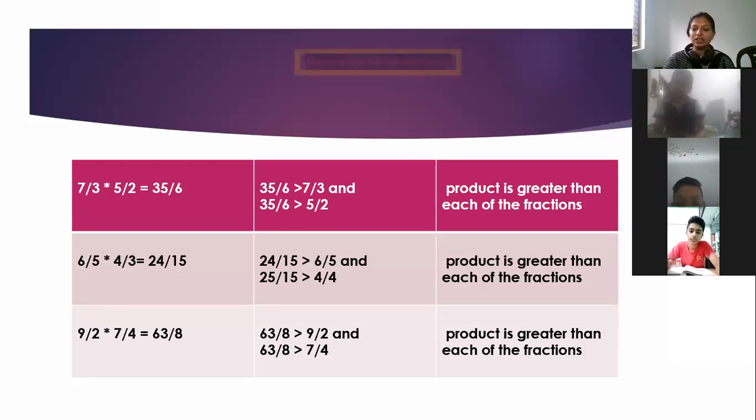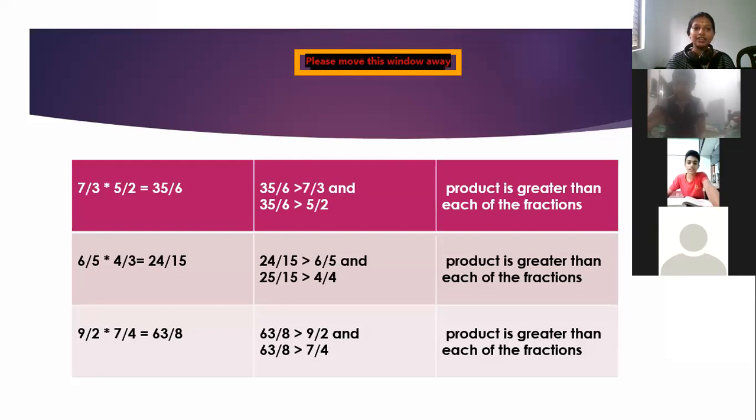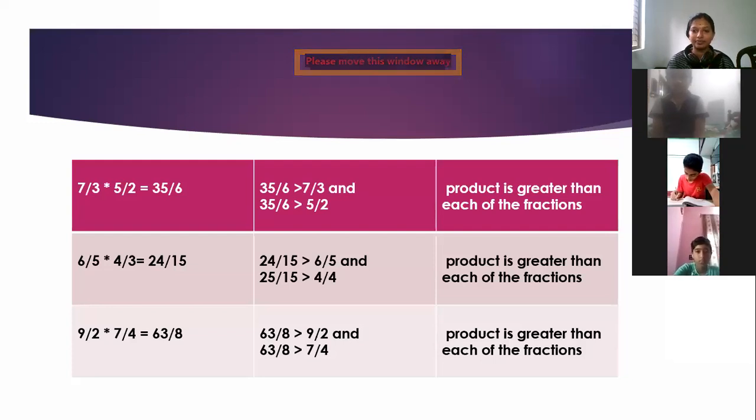Then in the case of 4 by 3, what is the value? It should also be 1 point something. We know that there is only one 3 present in 4. That's why the result should be 1 point something, around 1.33, and so on.